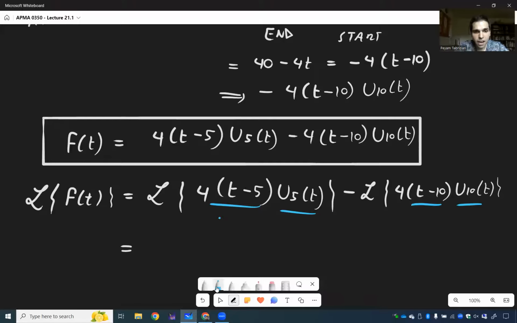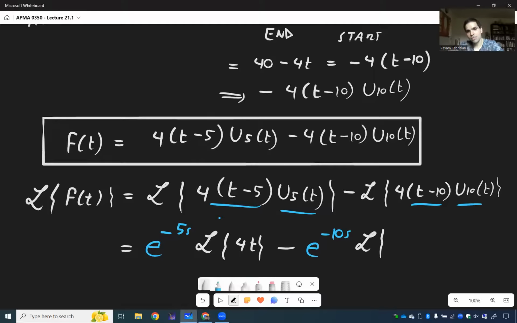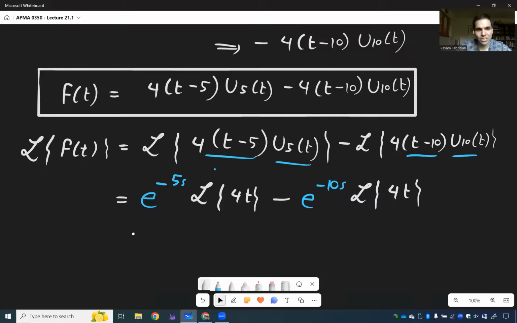So what this becomes, it's e to the minus 5s of the unshifted Laplace transform, L of 4t, and then minus e to the minus 10s unshifted Laplace transform, L of 4t.